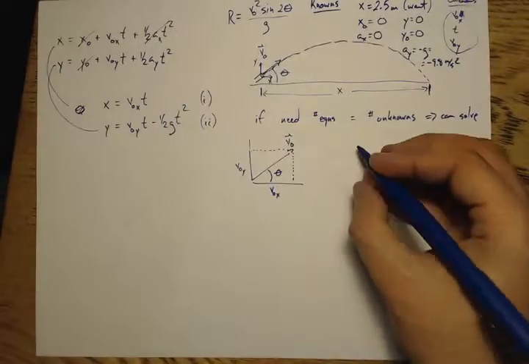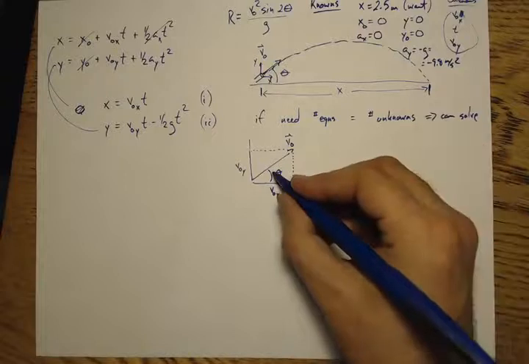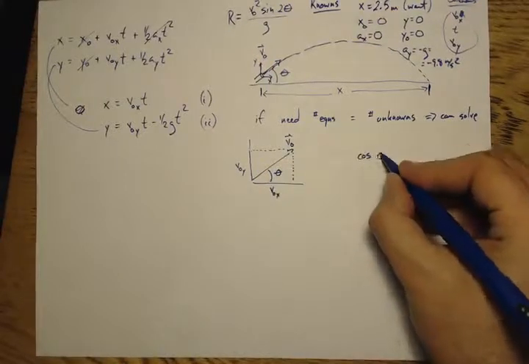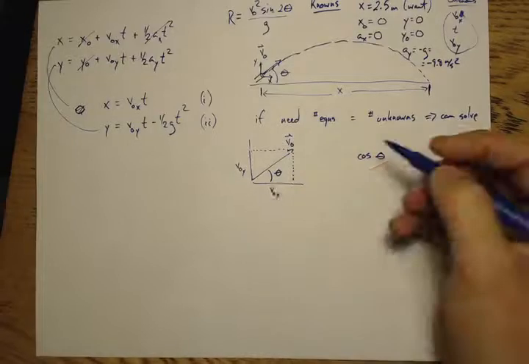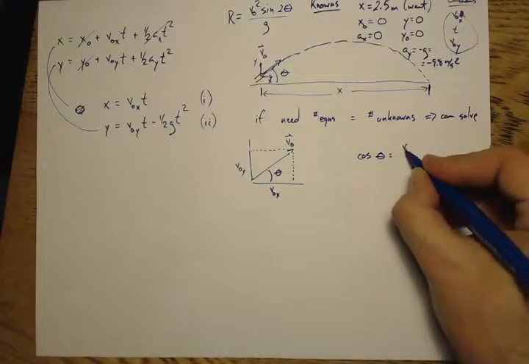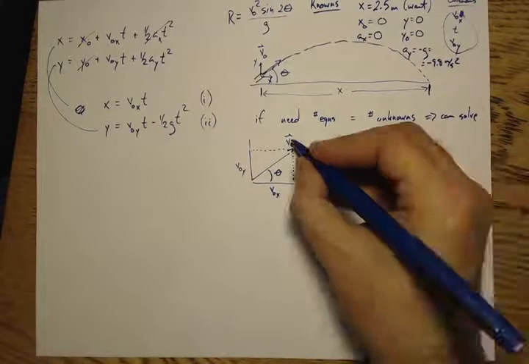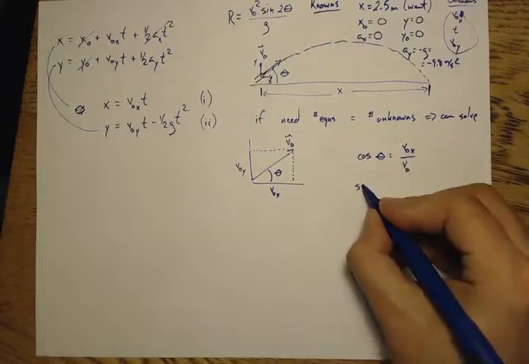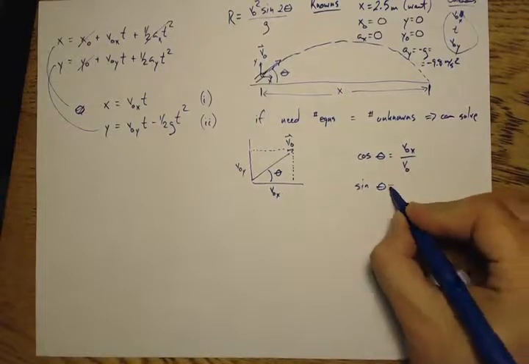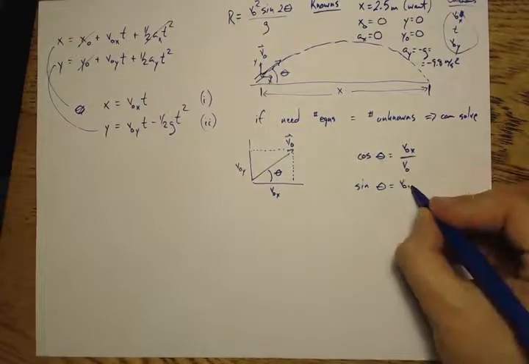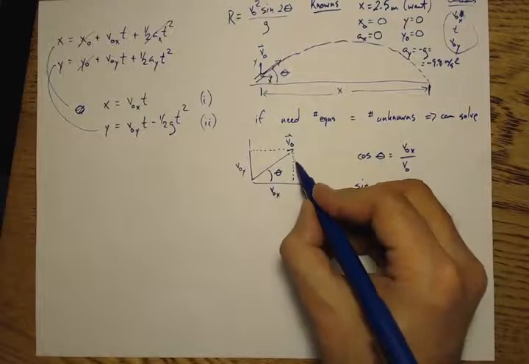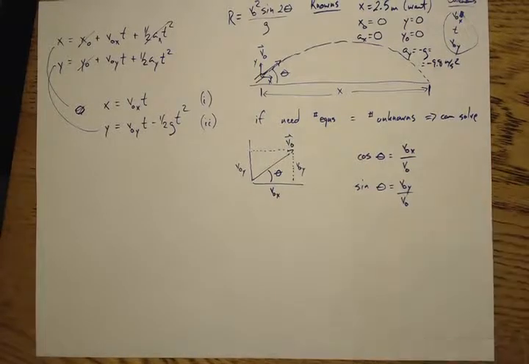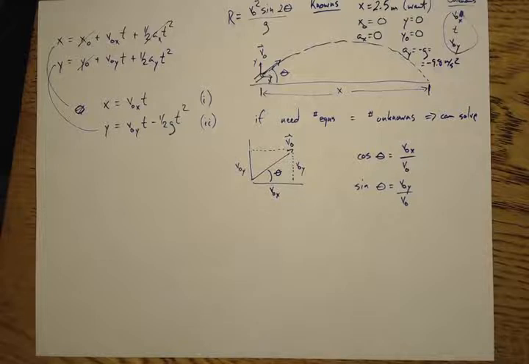So let's see. The cosine of theta is the adjacent over the hypotenuse, so it's going to be V naught x over just the magnitude of V naught, so I'm going to write it like that. And the sine of theta is equal to the opposite over the hypotenuse. So there we go.